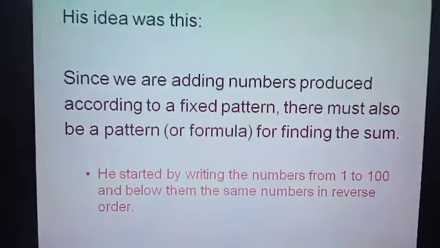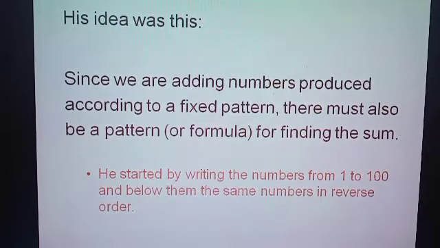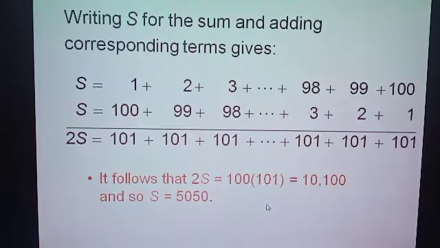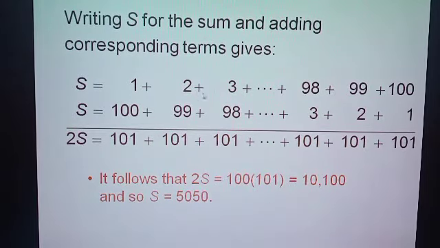The method of Gauss is, he started writing the numbers from 1 to 100 like this, 1 plus 2 plus 3 till 100, and the same numbers he reversed, 100 plus 99 plus 98 and so on till 1. Now he added both the equations, S plus S is 2S, 1 plus 100 is 101, 2 plus 99 is 101, like that.